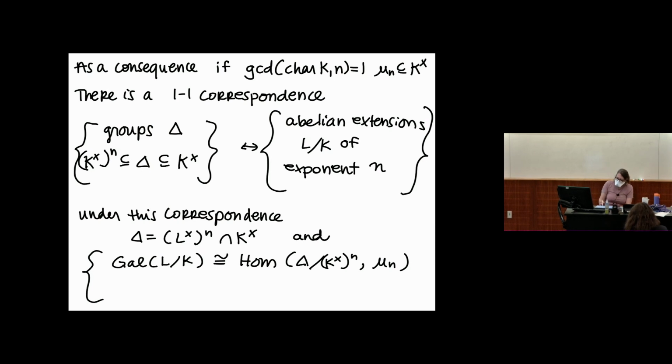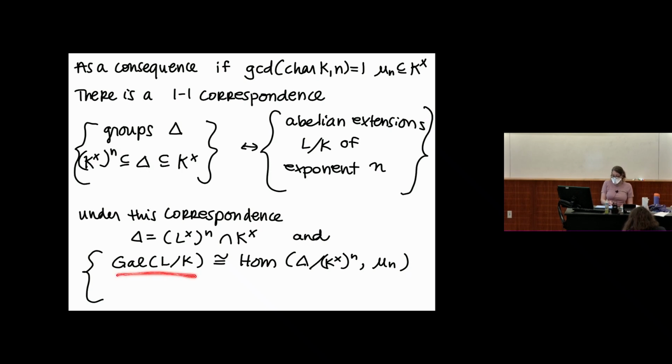So you always want to kill off the nth powers in K. Because if you took Q adjoin the square root of 4, that's still just Q, so that's not a new extension. If you took Q adjoin the cube root of 27, that's still Q. So you never want to be taking nth roots of nth powers, that's not going to give you a new extension. So that's why we don't want to consider those, or we don't want them to interfere.